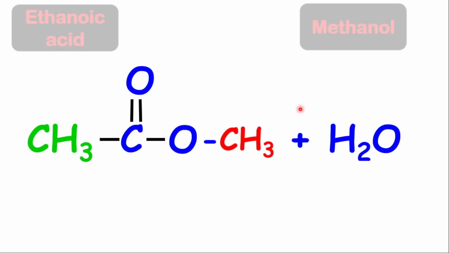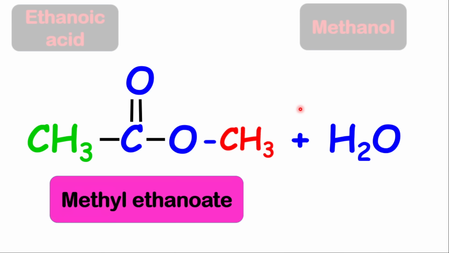But there's a way you name this. You name the alcohol part first, like the methyl, which is coming from methanol, and then you name the acidic part last, so ethanoic acid becomes ethanoate. So this compound is called methyl ethanoate. So that's how you name esters, all right?